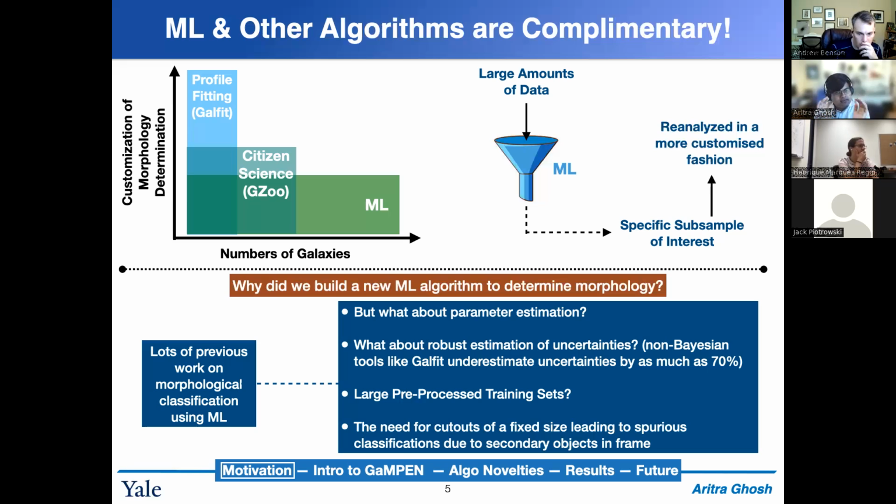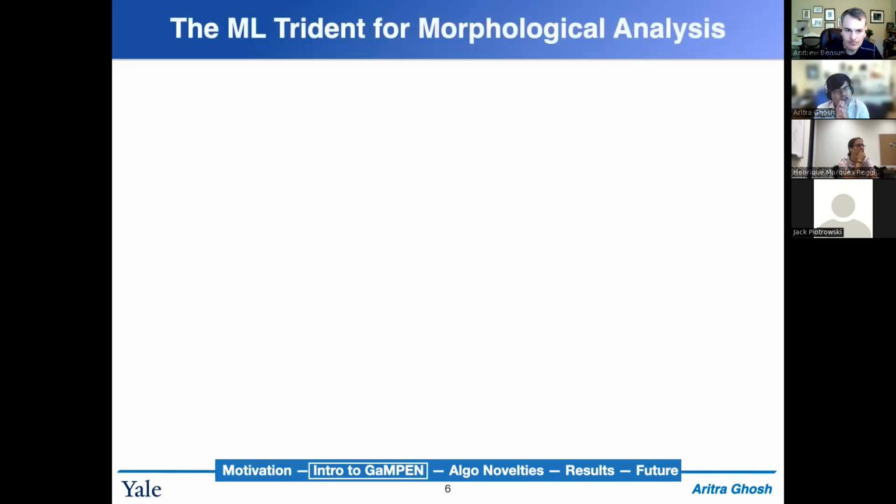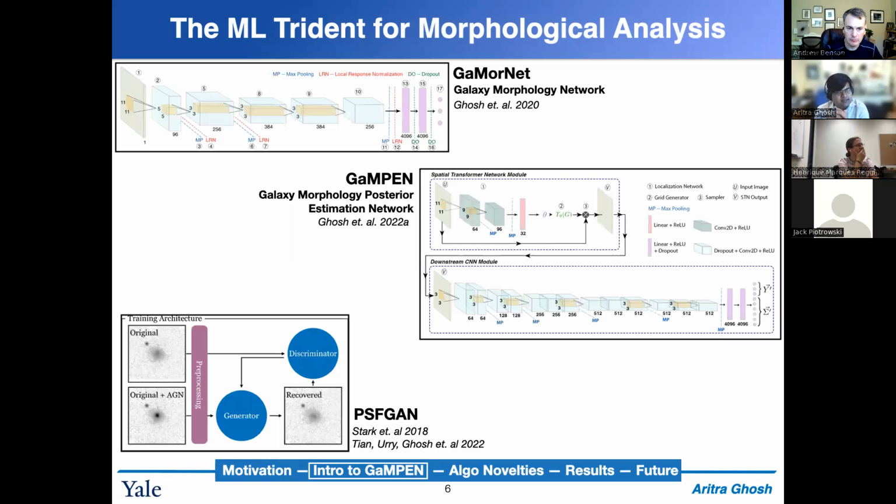And in order to answer these challenges, we developed some machine learning tools to kind of address all these challenges and a few others. And there are 3 tools that I've worked on over the last few years. And they are called GaMorNet, or Galaxy Morphology Network, GaMPEN, Galaxy Morphology Posterior Estimation Network, and PSF-GAN, which is a generative network slightly different from the other 2.